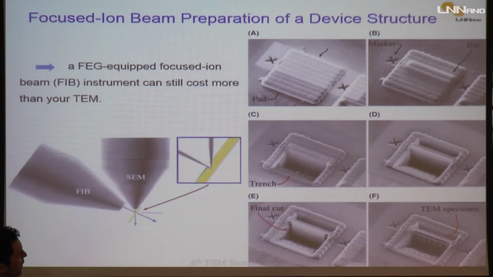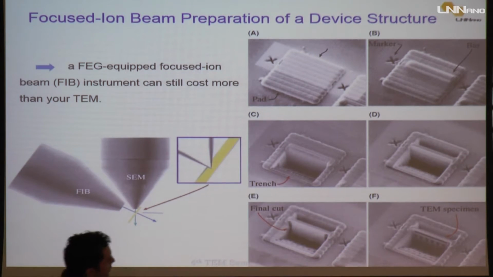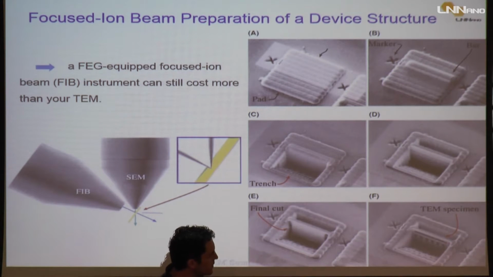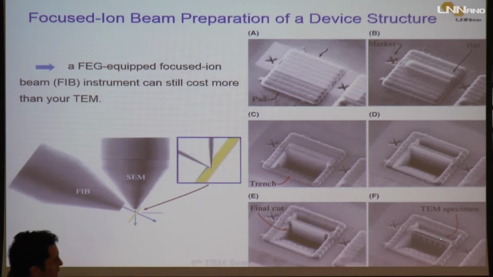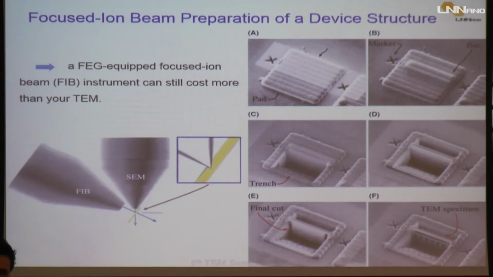You prepare a trench on one side of your lamella, a trench on the other side, and then you cut the lamella on all the sides to make it fixed just by these two parts here. And then you can do the thinning of this lamella, and it reveals this structure in the cross-section of the material.